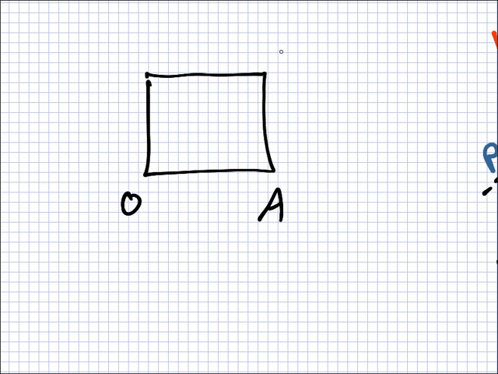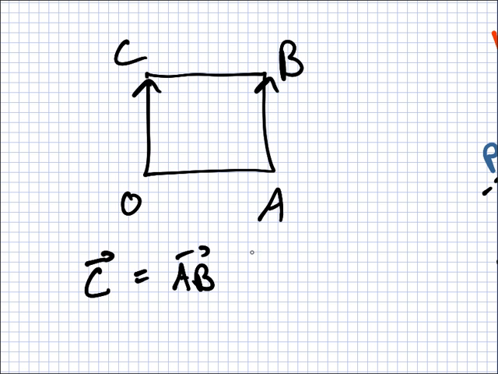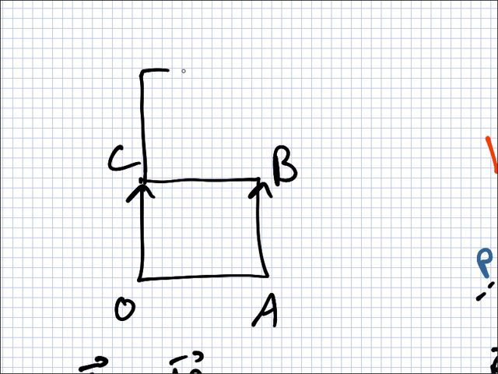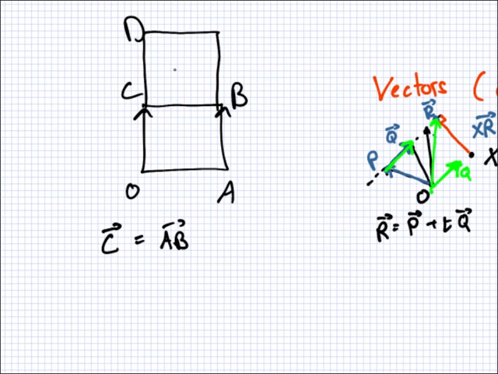O, A, B, C. That is the same as AB. So this is the same as this. I know this. Okay. Q is a vector, not a point. Q is a vector.